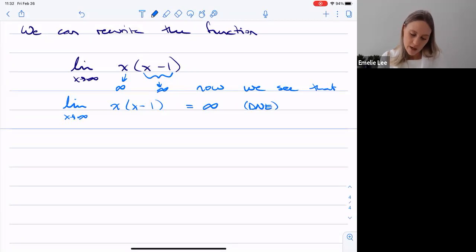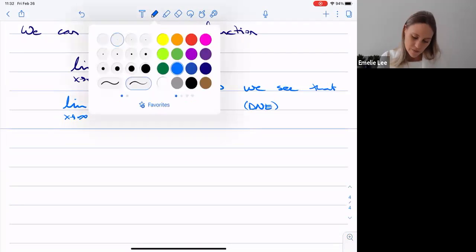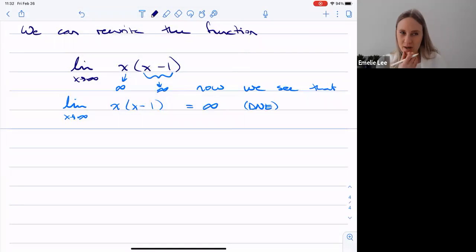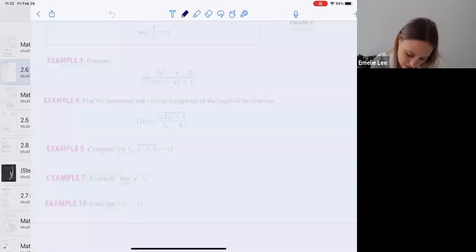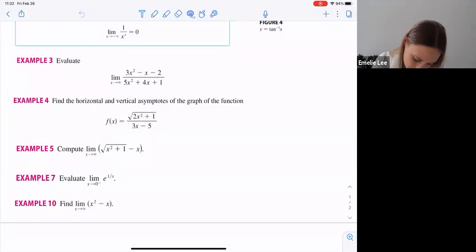So let's do another one where the behavior is kind of tricky to pinpoint. So we've got example 5.